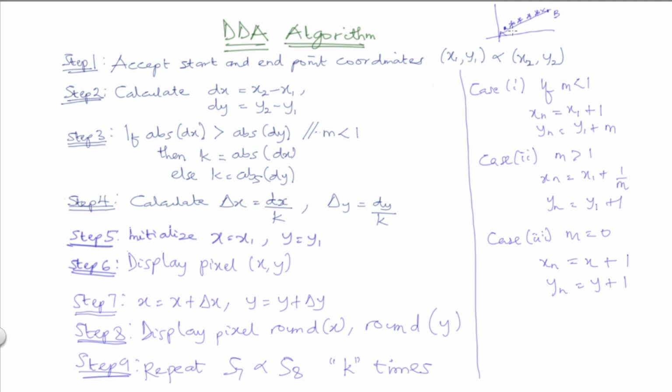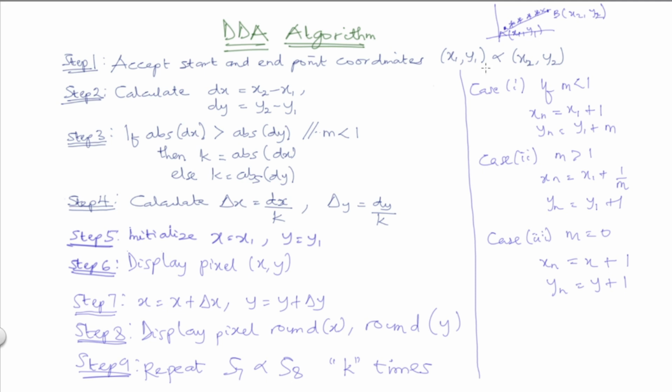The first thing that we need to have in mind is the coordinates that have been given. The coordinate for A might be x1, y1, and that for B might be x2, y2. Let me just write it correctly. We have x2, y2.